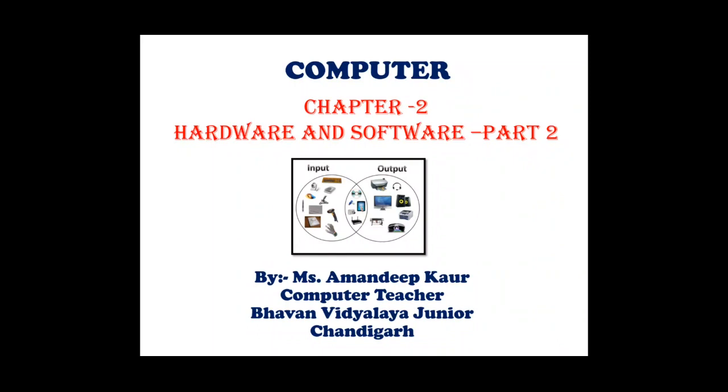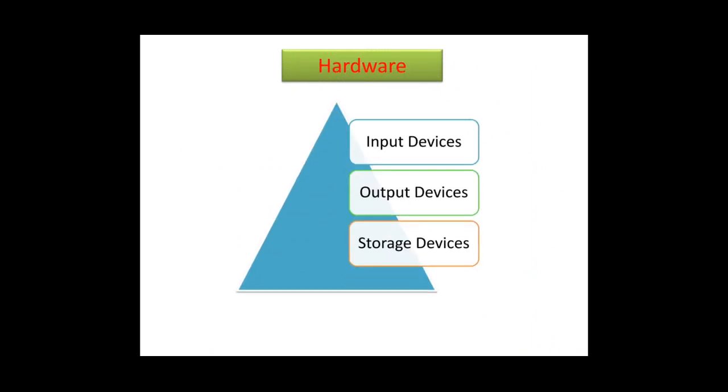So I hope you are all clear with the terms hardware and software now. Hardware includes input devices, output devices and storage devices. As we can touch all these devices, they all come under hardware. We have discussed input devices and output devices last time. Today we'll start with storage devices.